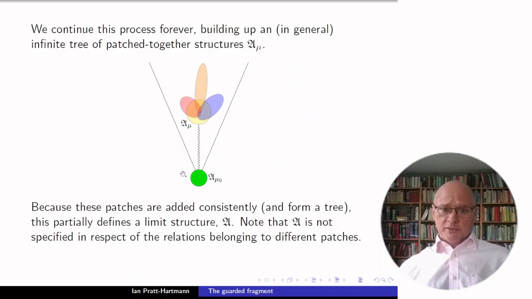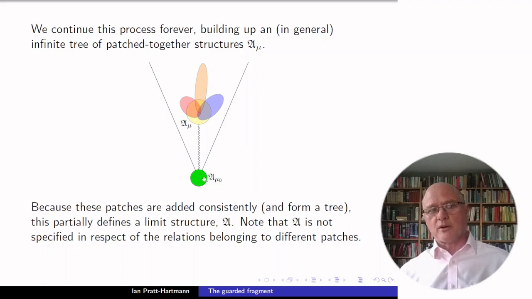So what you do is you continue the whole process. So starting with the root, make sure that for any witness requirements that you have, any guard on any of the witness requirements which is satisfied here, we construct a daughter and an associated patch, an associated model A nu, so that all of the witnesses required are satisfied, and you simply keep going and you get a tree of patches.